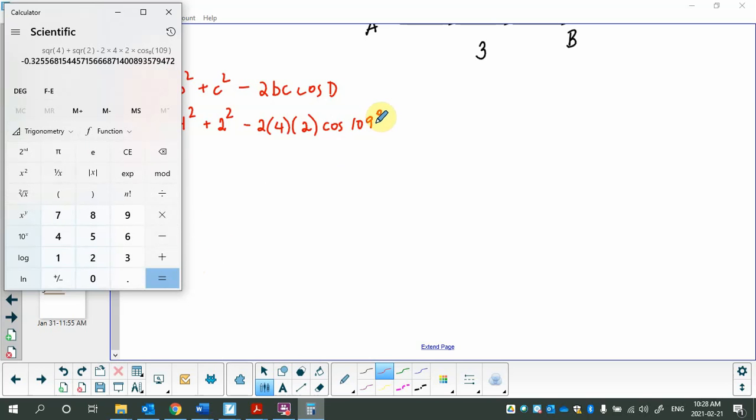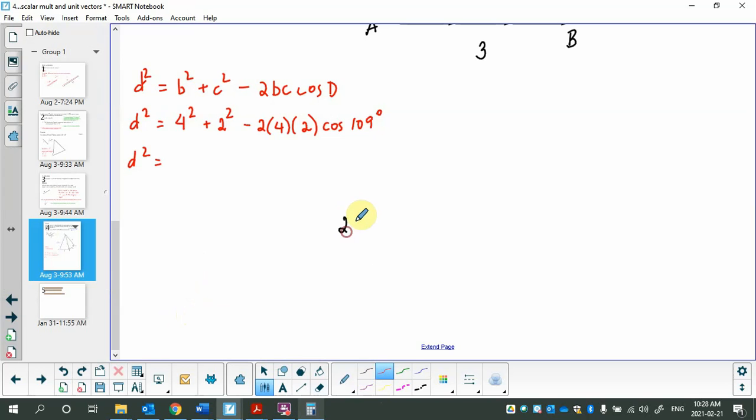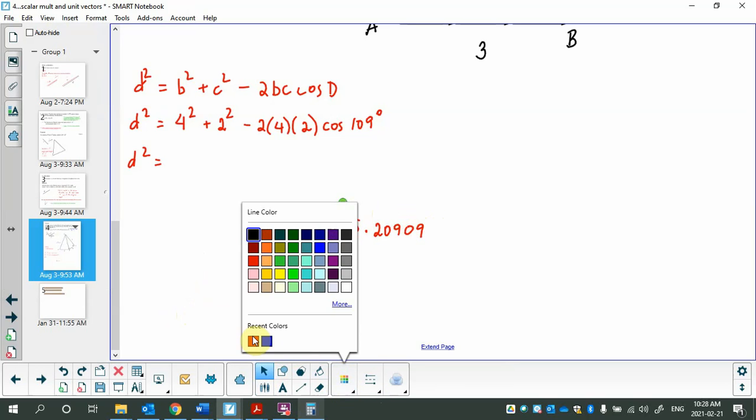Make sure you don't hit equals until the very end, and that is the value for d squared. So that's 25.20909. Not that it matters all that much, because I'm going to leave it on my calculator.